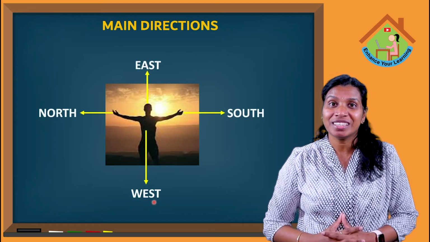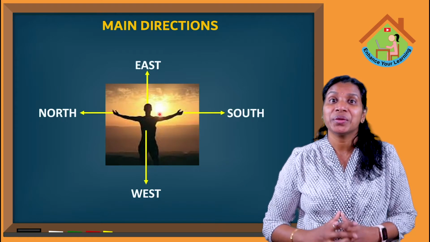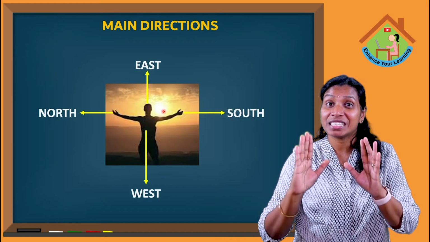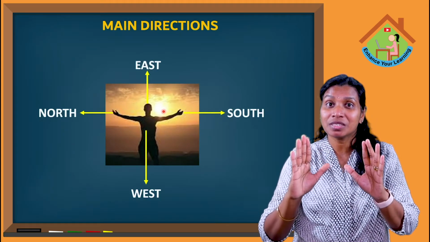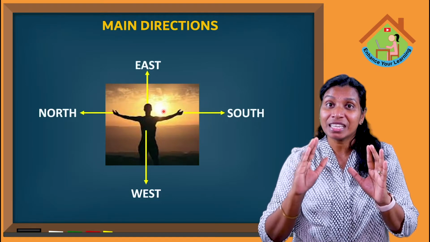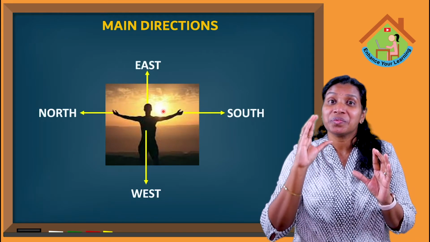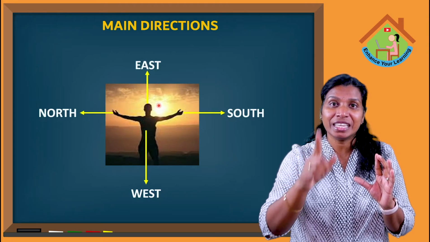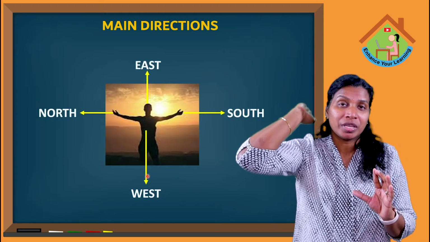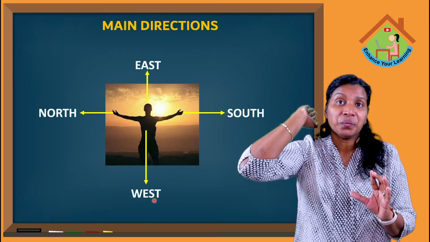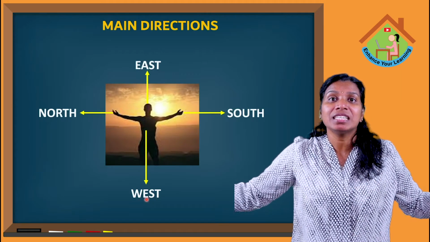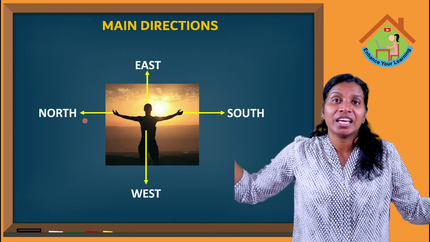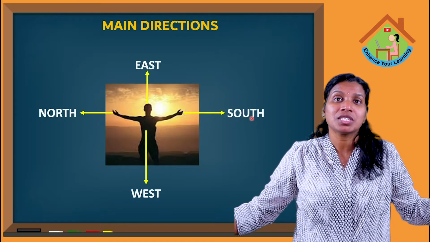So what you do is you just stand facing towards the sun, because the sun rises in the east. When you are standing facing towards the sun, in front is east. So what will be behind you is west. On your left side is north and on your right side is south.